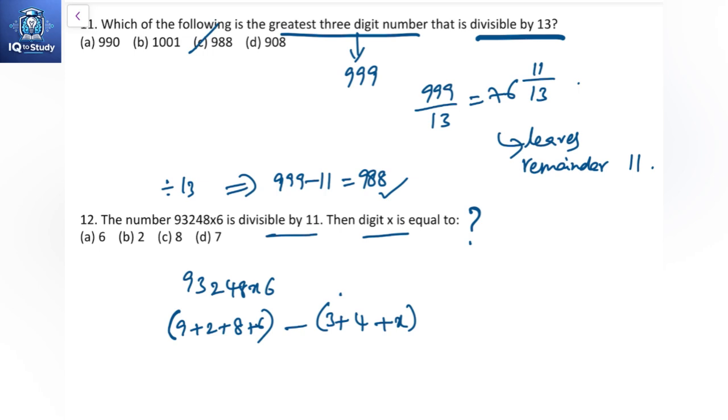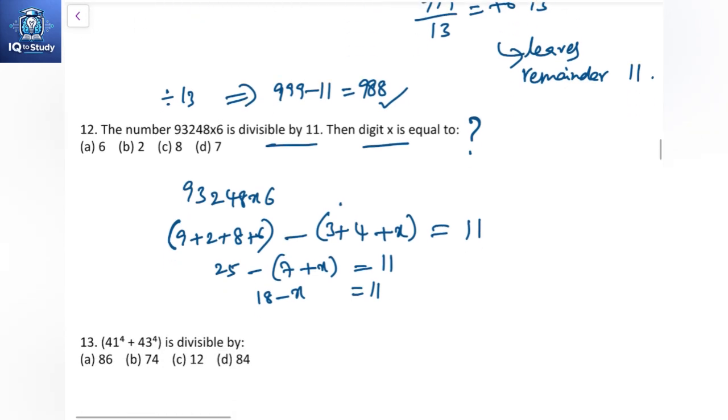It implies here for 11 it could be 0 or multiple of 11. Let's take 11 here. So 25 minus 7 plus x is equal to 11. 18 minus x is equal to 11, and x equal to 18 minus 11, that is equal to 7, which is option D.